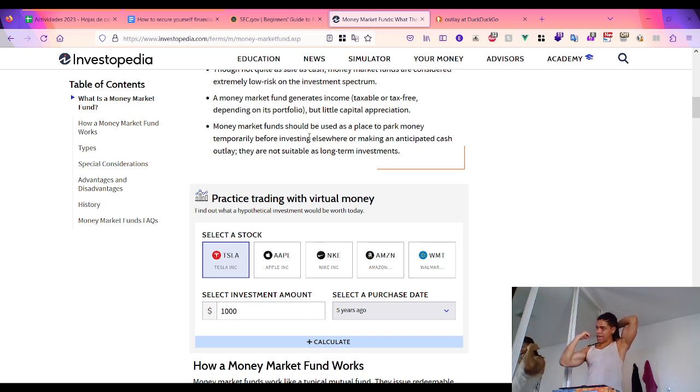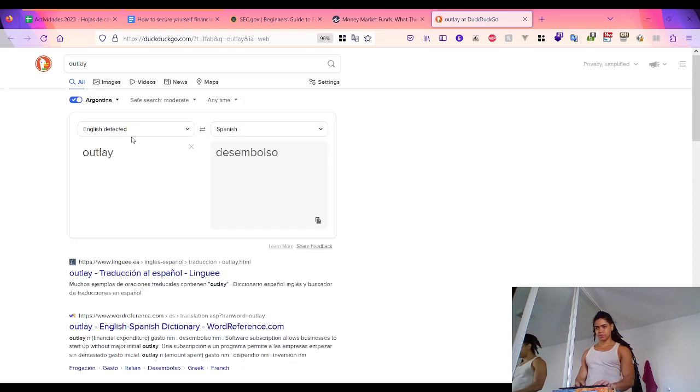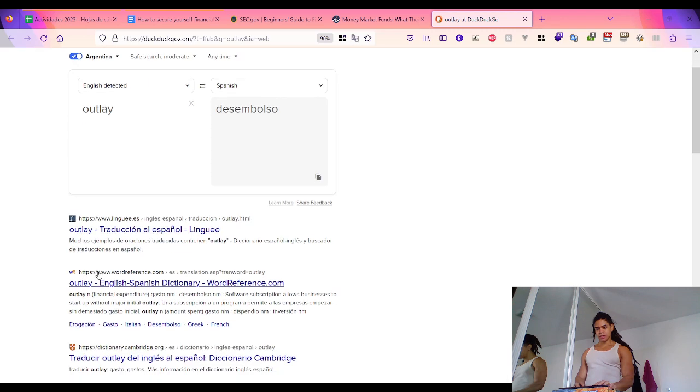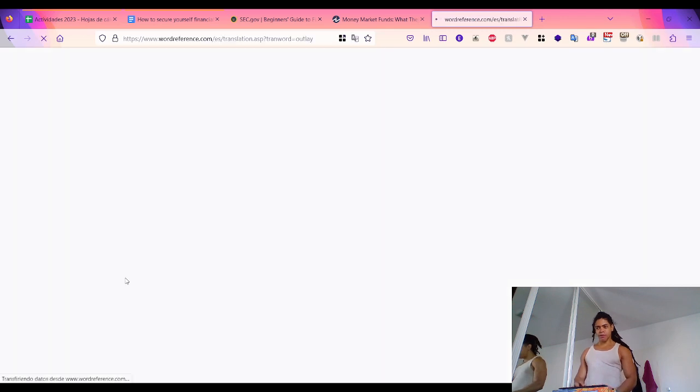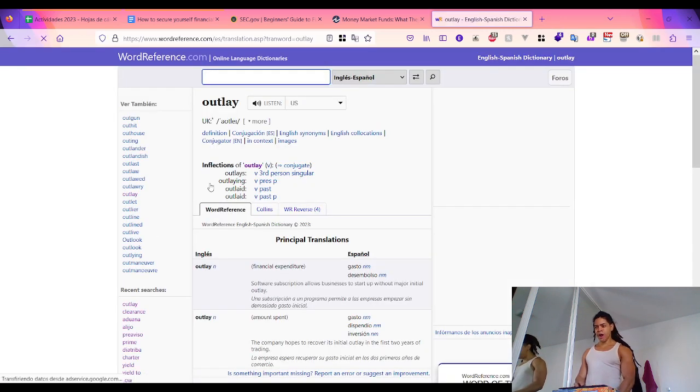An anticipated cash outlay. That verb, I barely use outlay. What is it? Is it a noun? A verb? It's a verb.